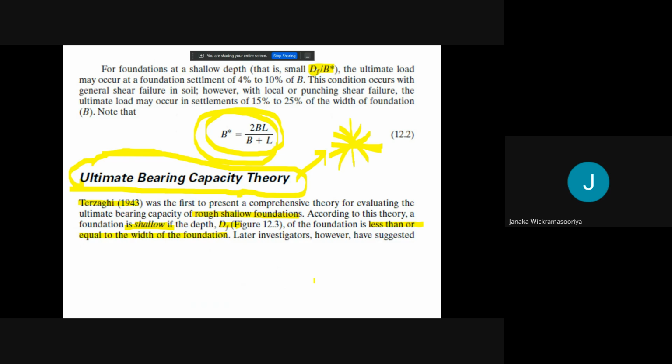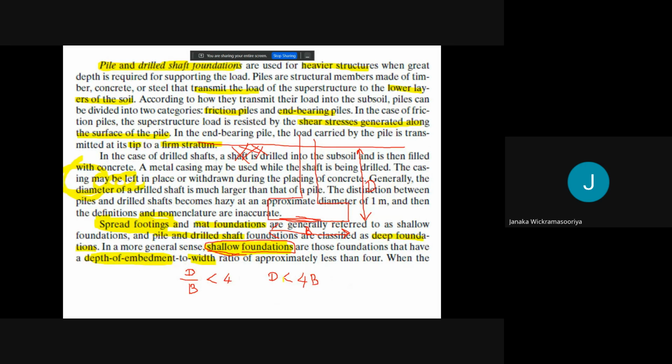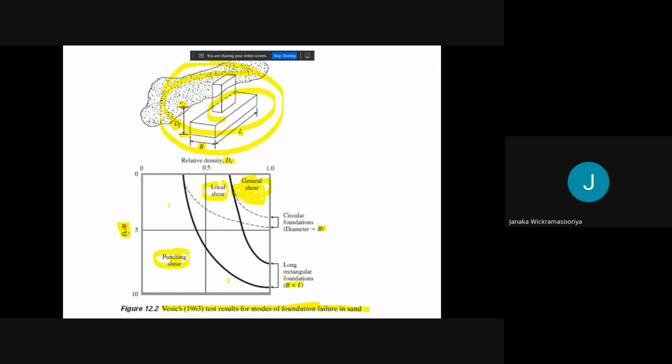Now, as per Terzaghi, the D over B ratio, this 4 is not there. Only the depth of the foundation and the width of the foundation are there.